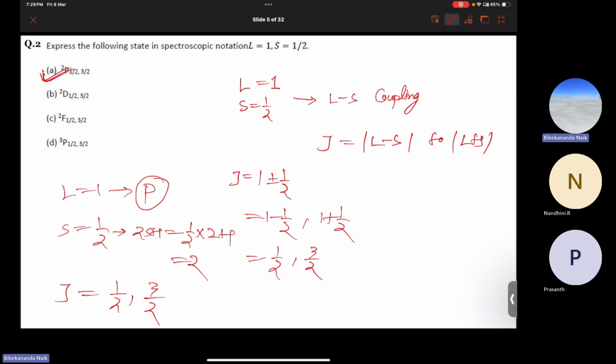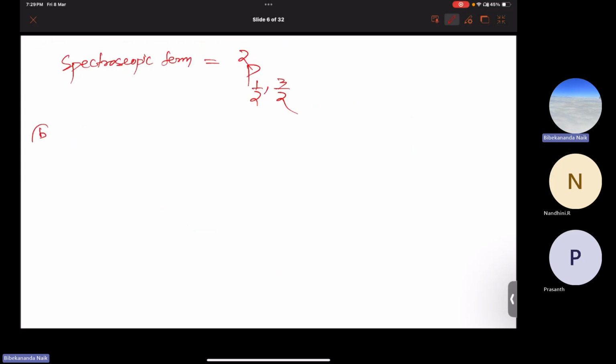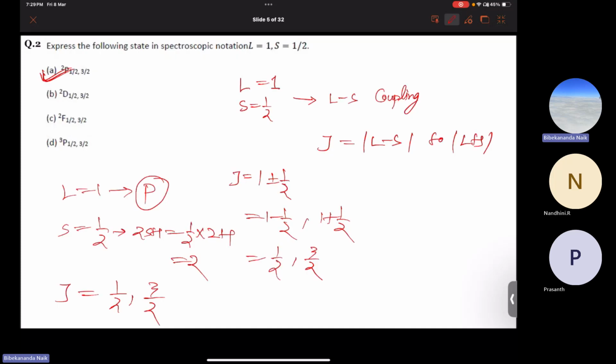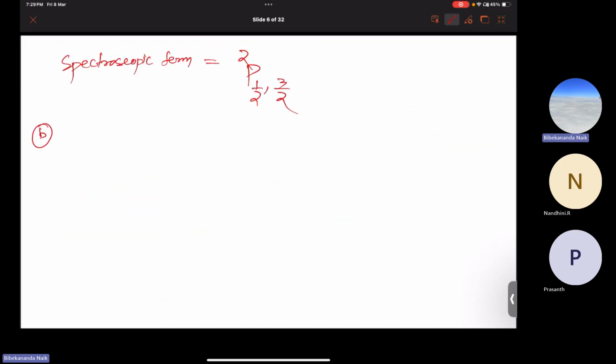Now let's talk about the other three options. Option B, we have 2d half and 3 by 2. Can anyone tell me, is this a feasible state?